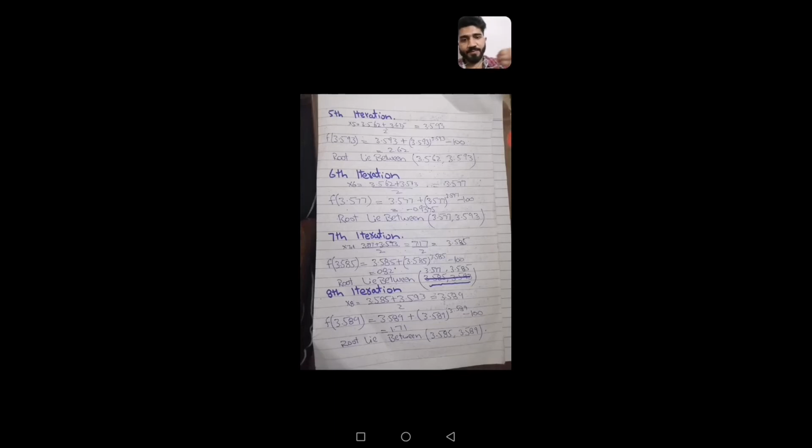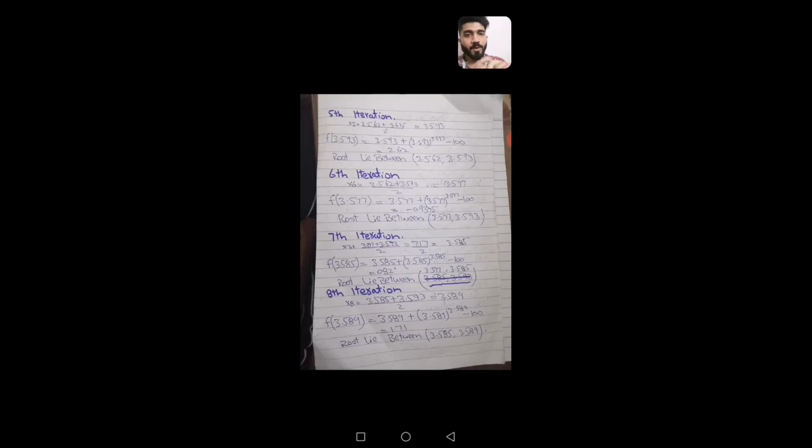So again we bisect it. We got 3.585. You have noticed how much closer the values are coming. Substituting 3.585 in the function, we get a positive value, 0.82. So now our new root lies somewhere between 3.577 and 3.585. The eighth and our last iteration: again we bisect it by 2.